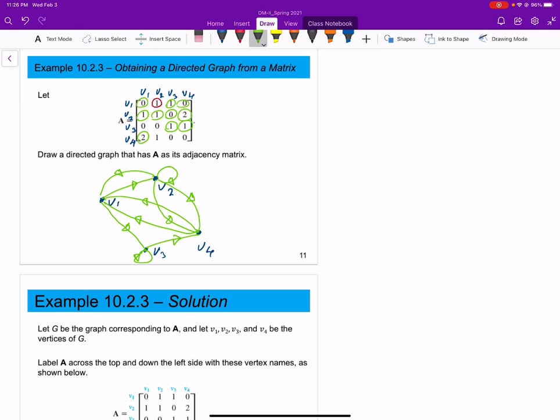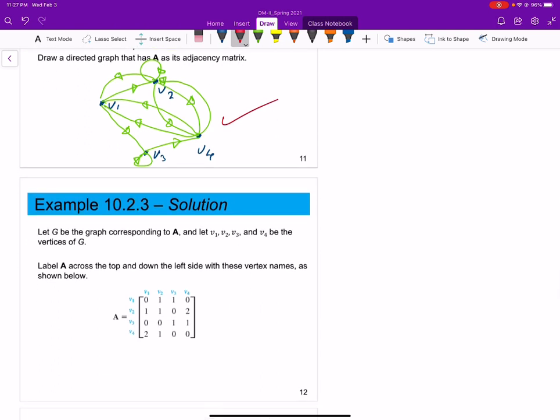And then v4 to v2, there's an edge. It's a little messy. And then let me mark this somewhere. I will mark this as the loop. And then no directed edge from v4 to v3, no directed edge from v4 to v4. So this is the corresponding graph represented by that matrix.